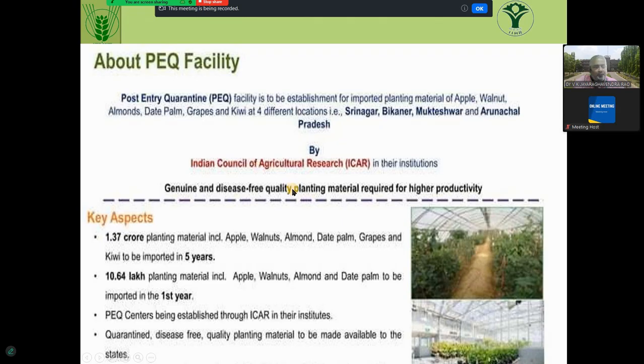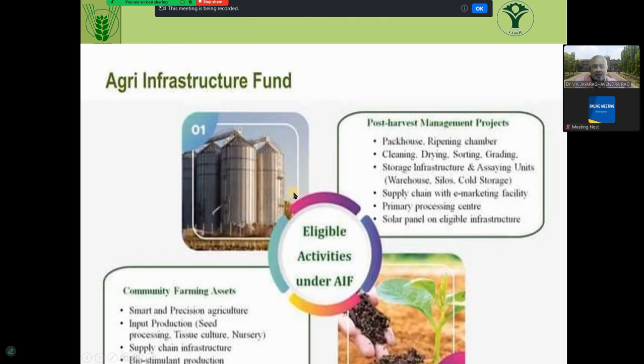So before going into the process and things, okay, already there are so many funds available like the Agri Infrastructure Fund. Okay, then we also have all these nurserymen, supply chain infrastructure. So a lot of biostimulant production, especially Jeevamrut, all these things, going more and more into the organic side of it. And then also some post-harvest management projects like pack house, ripening chamber.